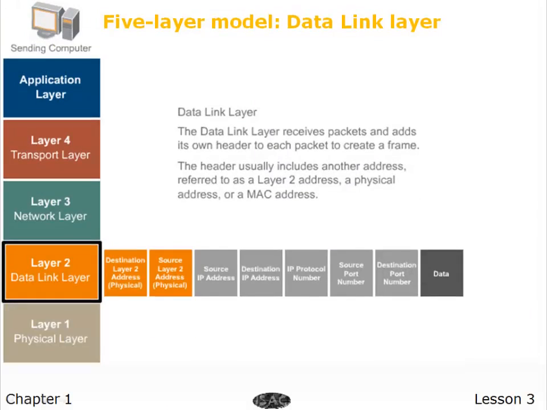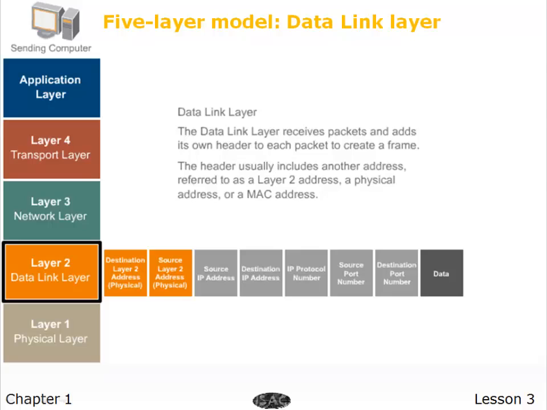Another layer, the data link layer. The data link layer receives packets and adds its own header to each packet to create a frame. The header usually includes another address, referred to as a layer 2 address, or a physical address, or a MAC address.